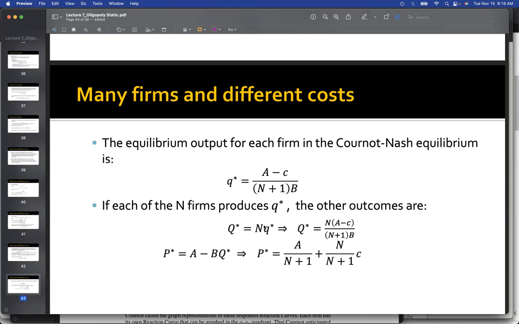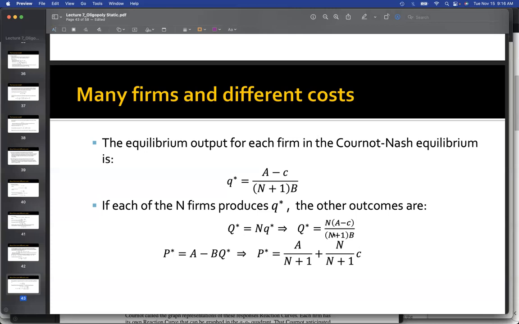So n times q star. So it's this. So if you're aware of limit theory, n divided by n plus 1, as n becomes very large, then magka-cancel out tong n tsaka n plus 1 essentially. And it will leave a minus c divided by b, which is the perfectly competitive outcome.